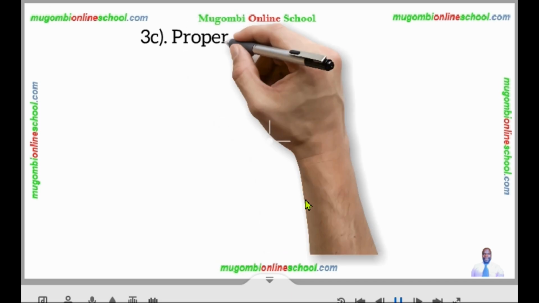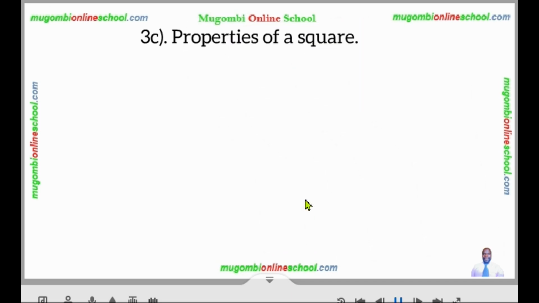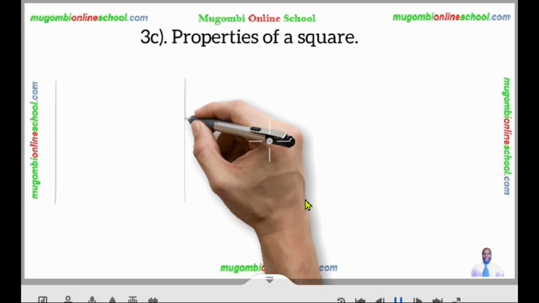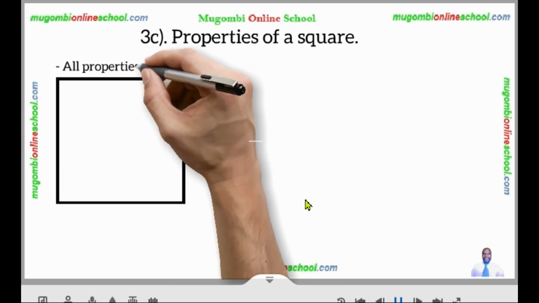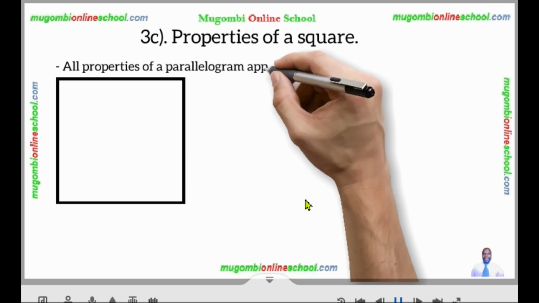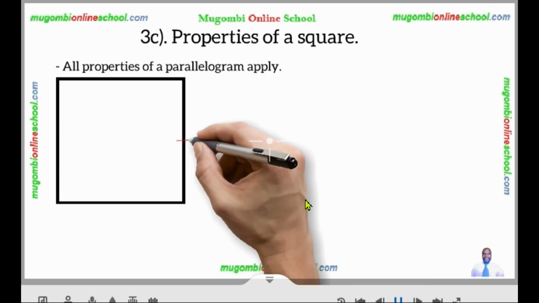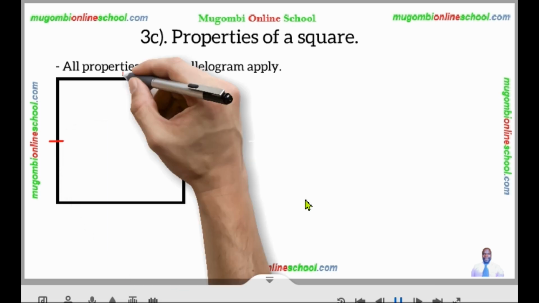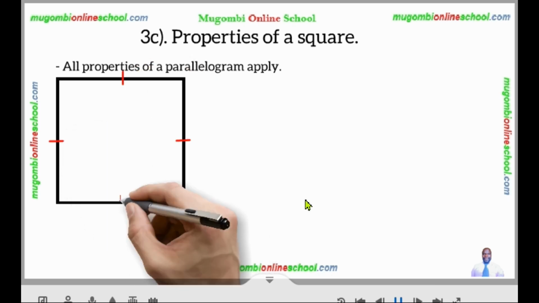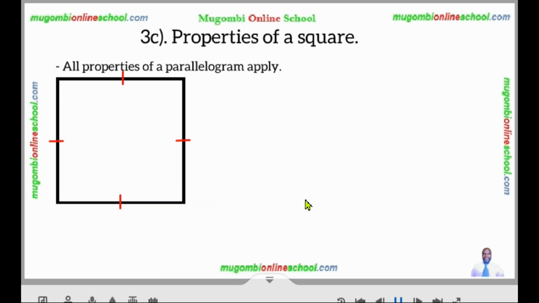Let me move on and explain the properties of another parallelogram, which is called a square. A square is a parallelogram, but it is called a square because it has its specific features. All properties of a parallelogram apply. But for it to be a square, side number 1, 2, 3, as well as side number 4, are equal.